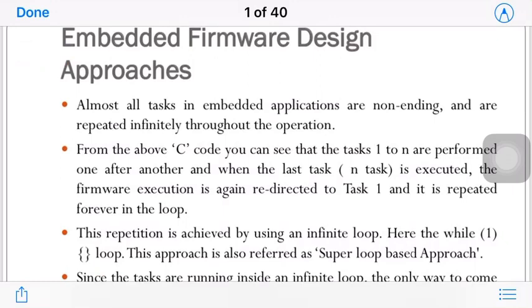All the traffic lights are continuously operating day and night, right? So that is never ending, it will continue. There we use a super loop, with while 1, and the tasks run continuously.